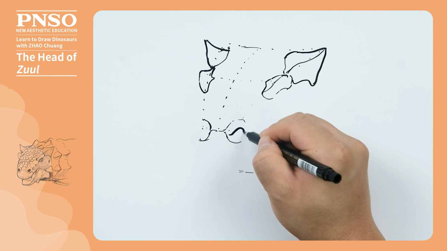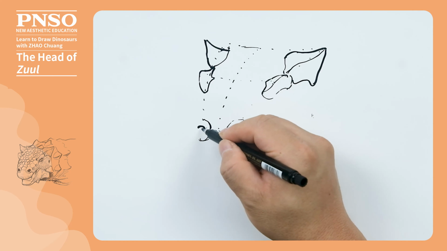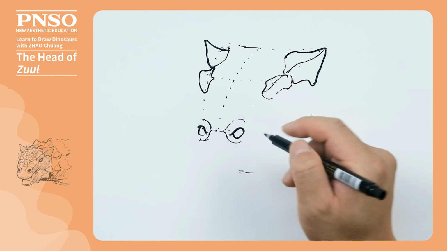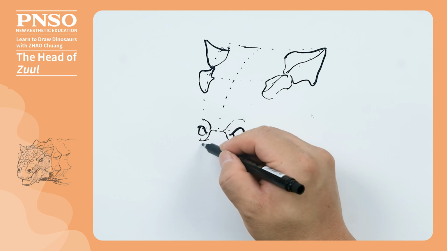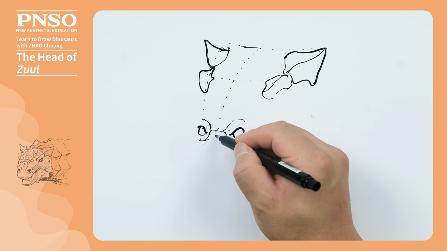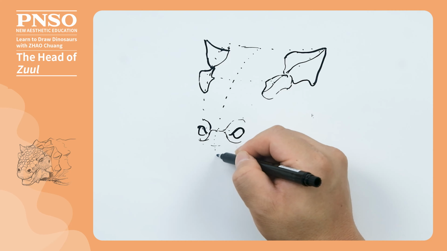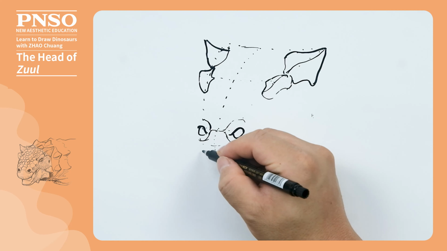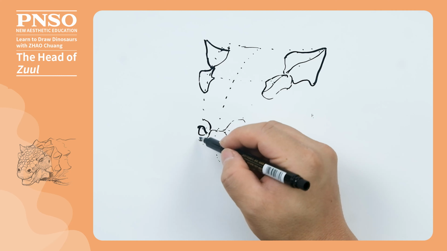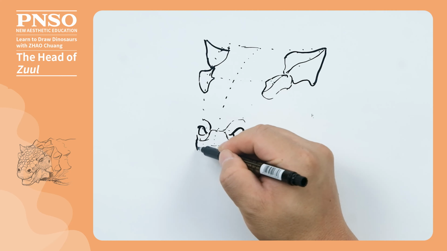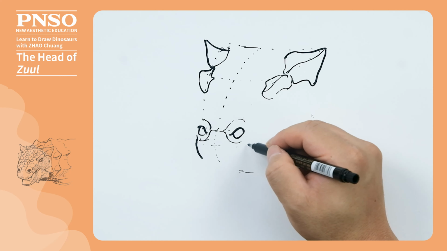Then, we draw the nostrils that are symmetrical on both sides. Next, we draw its entire mouth.